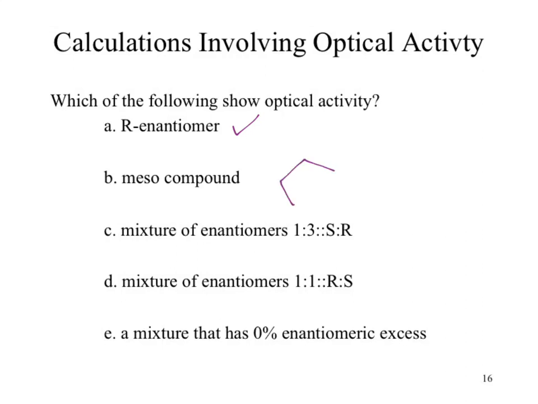If we take a meso compound, we get something along these lines. I'll give you 30 seconds, maybe a minute. Assign R and S to your two chiral atoms for the meso compound. And I intentionally gave you one that should be easier to solve.